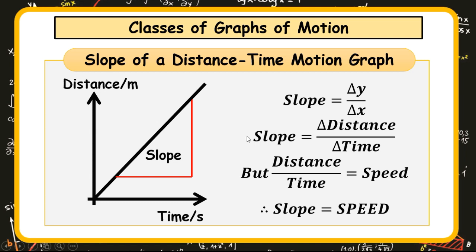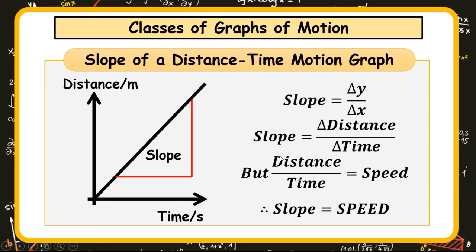When you take the slope of a distance time graph, what is otherwise known as gradient, we say slope is change in y over change in x. And on this, the y-axis is represented by distance, whereas the x-axis is represented by time.